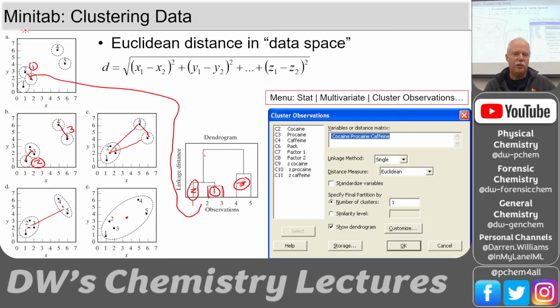And then we get to the point where the distance between this cluster and that cluster is calculated right here. So this is that last one, 4. And that's plotted. These distances are all plotted on the y-axis. And then we build this little dendrogram that combines them all.